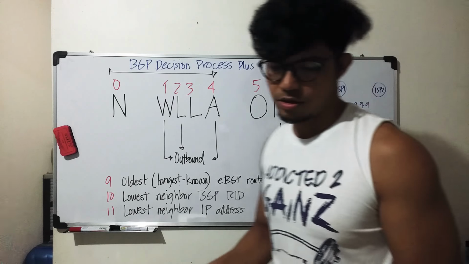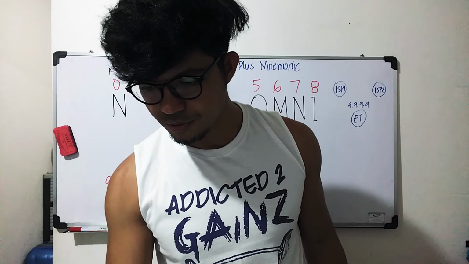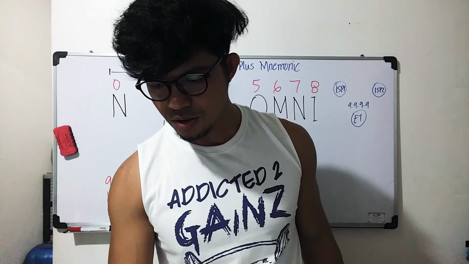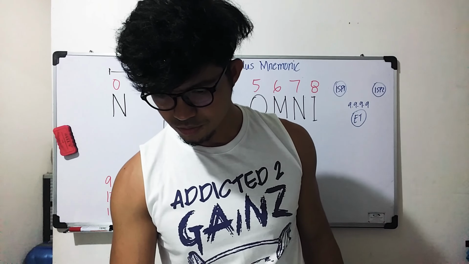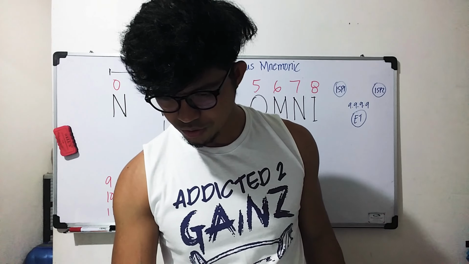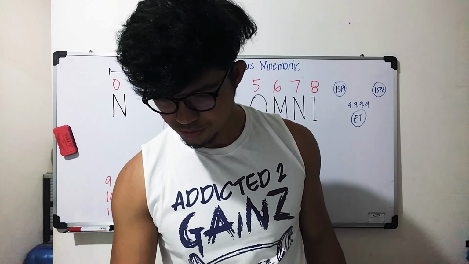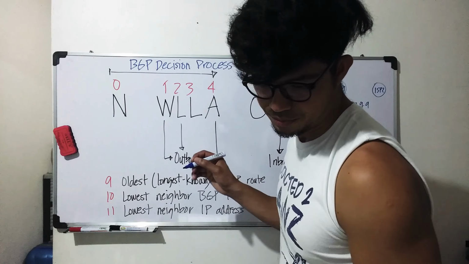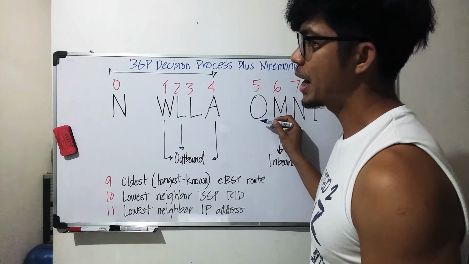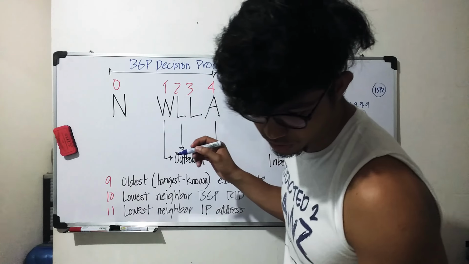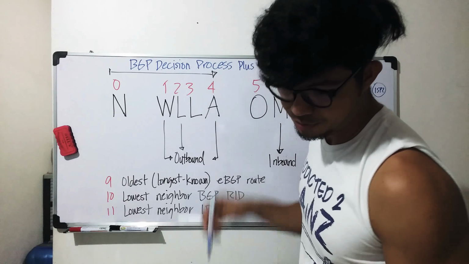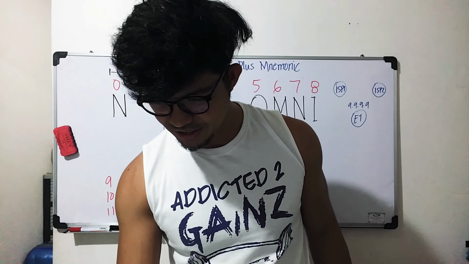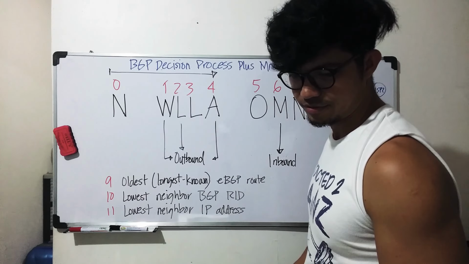So origin has three different types. Prefer I over E, and prefer E over question mark.